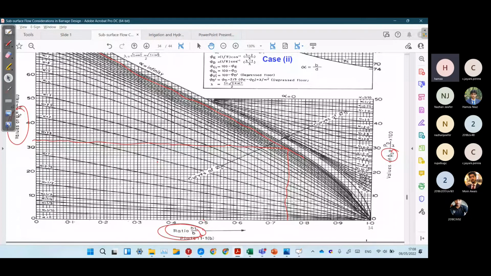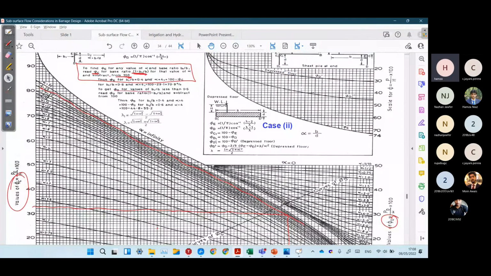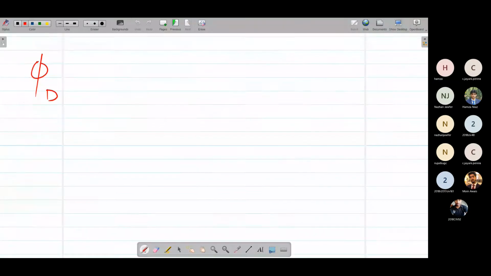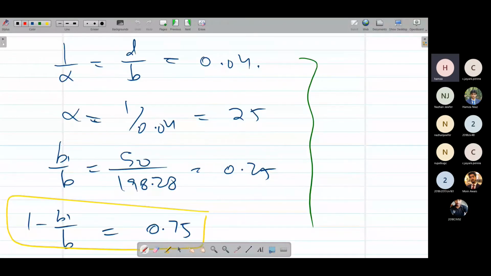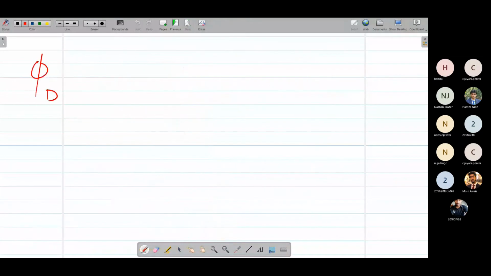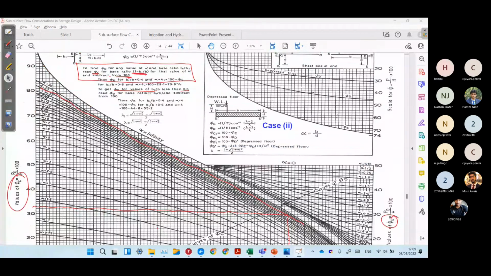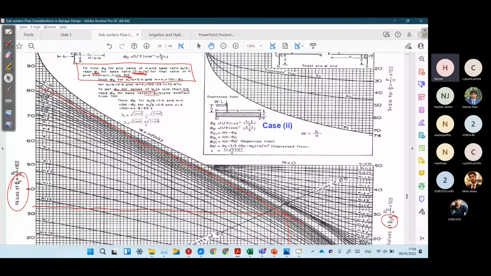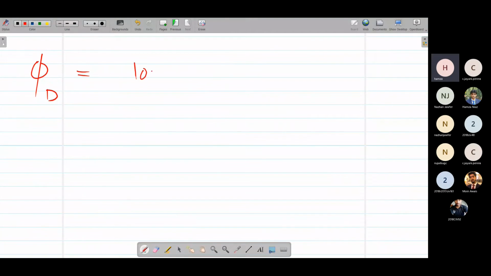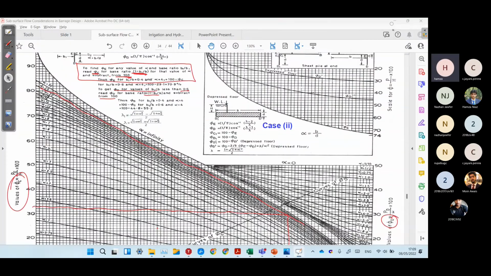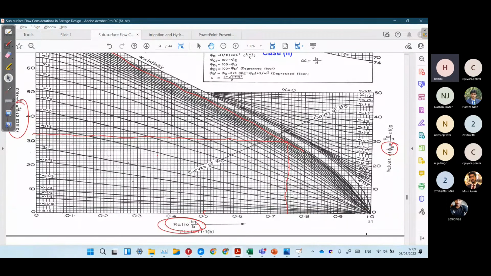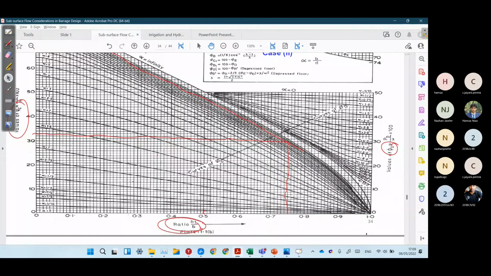So in this case, to get the phi D value for B1 over B less than 0.5, and remember our B1 over B was 0.25, read for 1 minus B1 over B and subtract from 100. So 100 minus phi D for 1 minus B1 over B, which is 0.75, and the alpha value is 25.